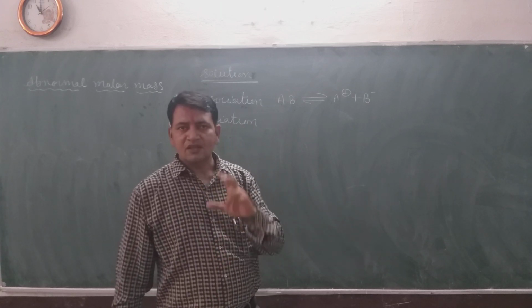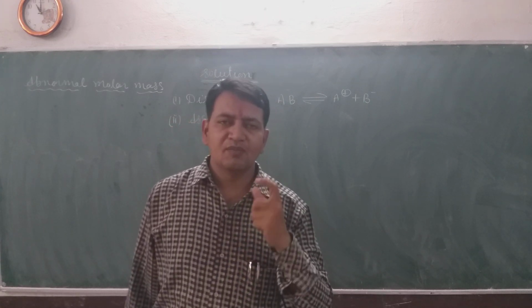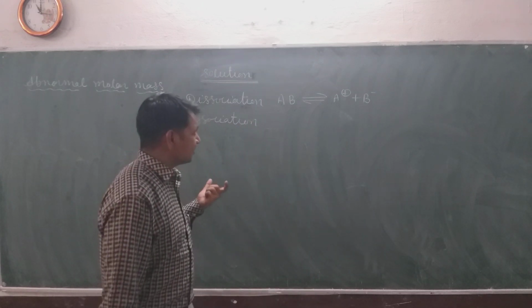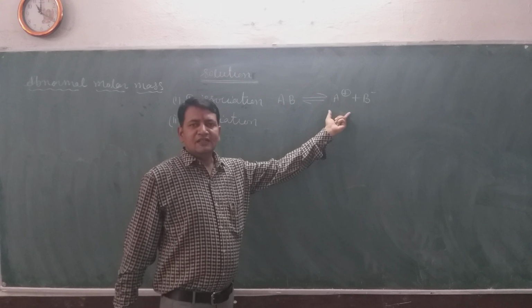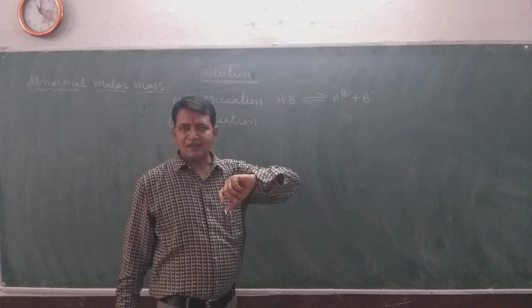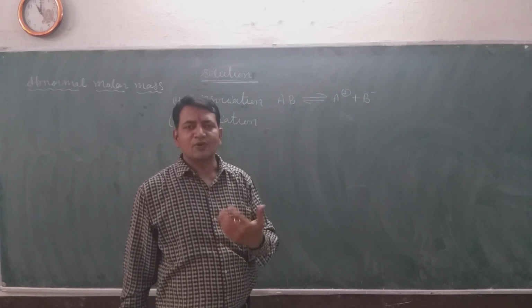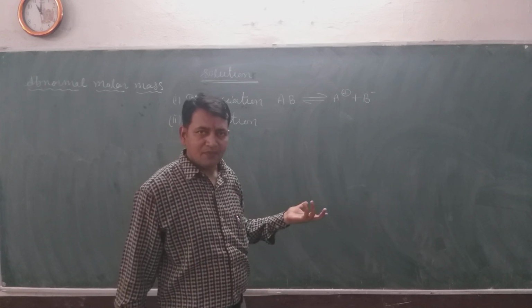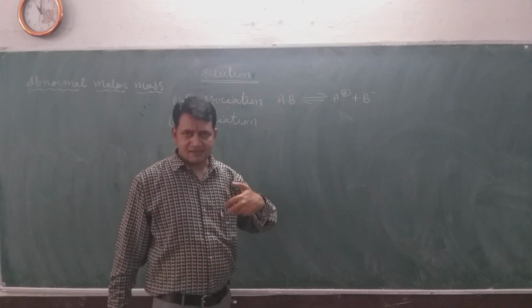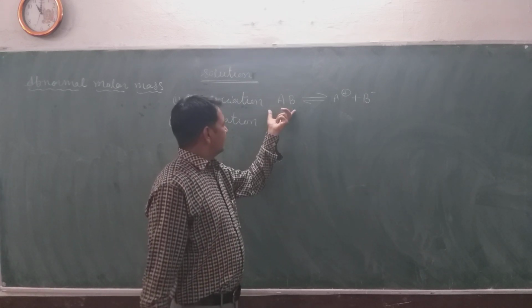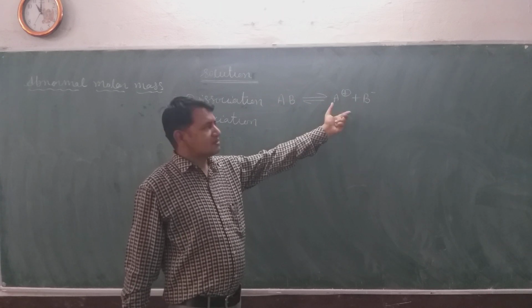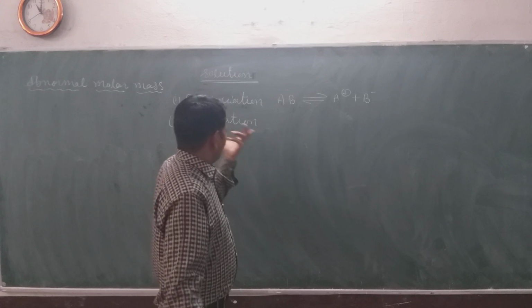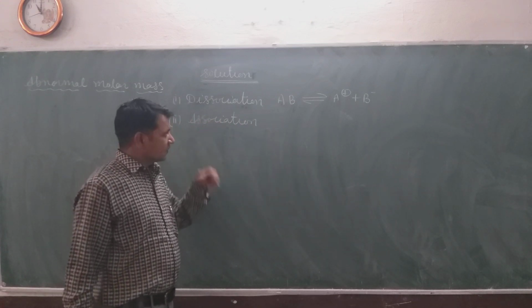And we know that the colligative property depends on the number of particles, not on the nature of the solute. So here we observe that the number of particles increases. When the number of particles increases, the colligative property will change or increase, depending on the case. So normally, in dissociation, because the number of particles increases, the colligative property will be increased.